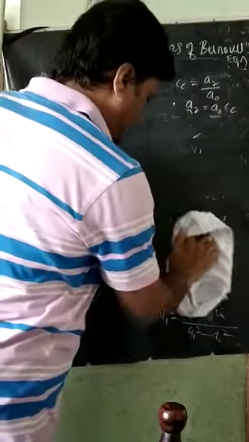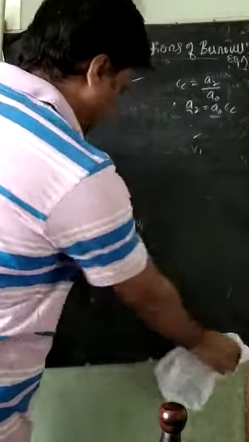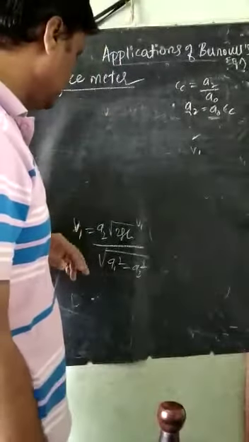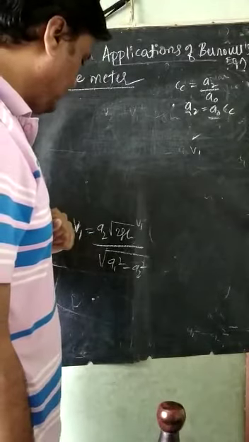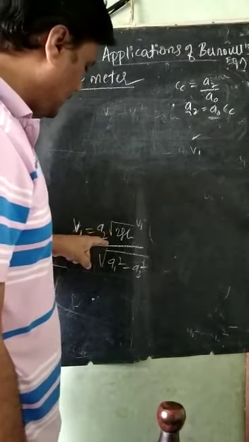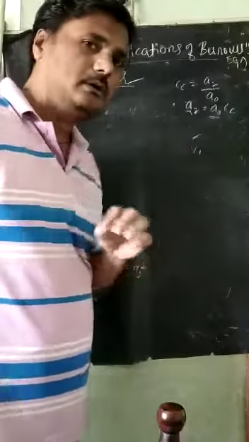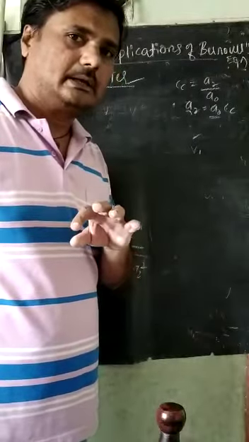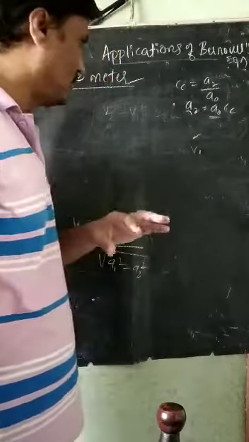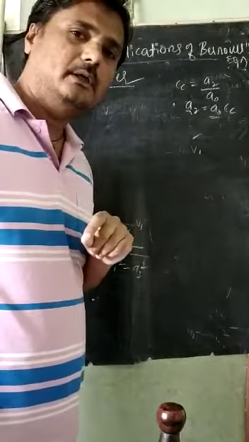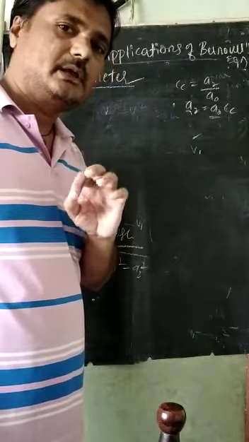Yes, this is the relation we have derived. Now in this equation I will replace A2, which is a non-practical parameter, by A0, the cross-sectional area of the orifice meter.